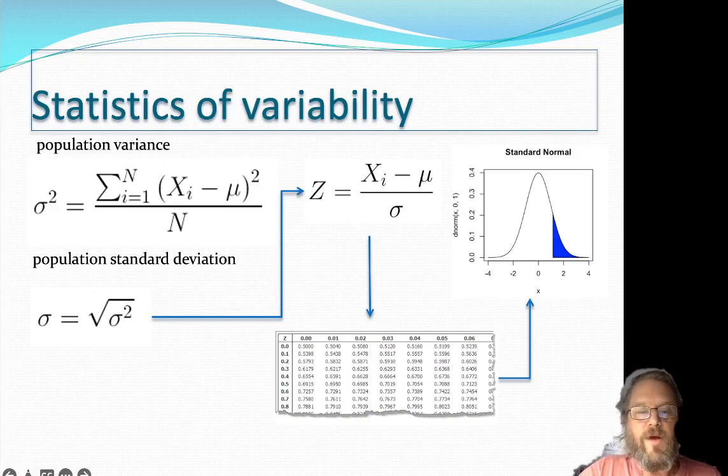Okay? One of the ways you can use the standard deviation is to normalize your data set. You correct individual observations against the mean divided by the standard deviation, and that gives you what's called the z-score. And this is something we will spend some time with in chapter 6. So I'm just giving you an idea of how knowing something about the variability allows you then to figure out how common that observation will be in your data set.